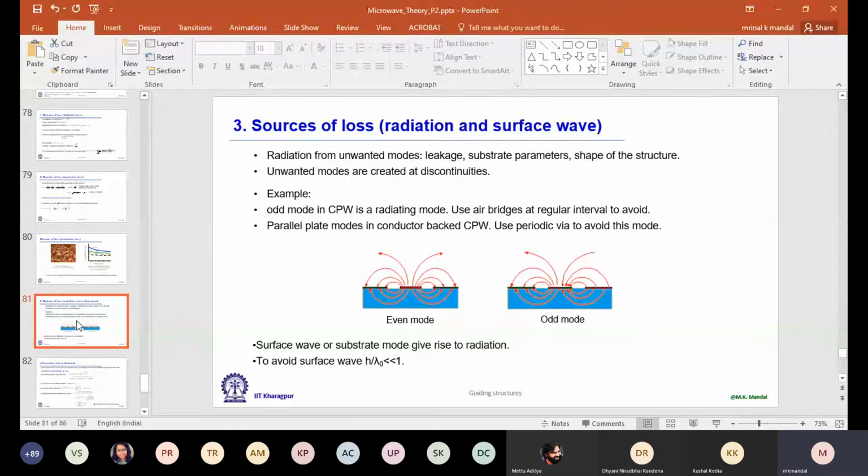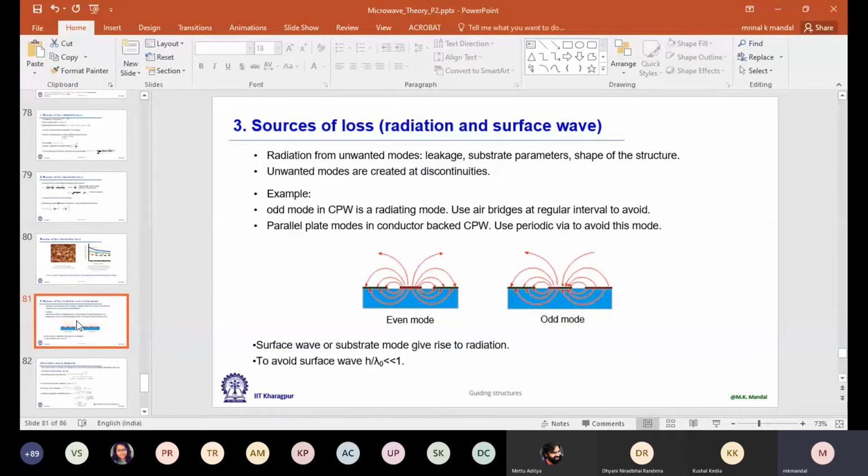Anyway, for a straight microstrip line as such, we don't expect radiation loss. It's very negligibly small. But the moment we introduce any perturbation, particularly discontinuities. So what are discontinuities? If we use some impedance taper, let's say one part is thin, another is wide, and the junction is the discontinuity.